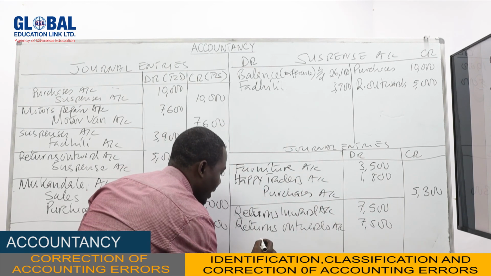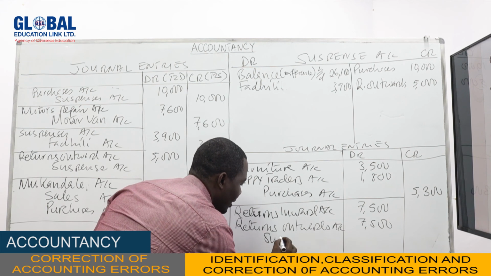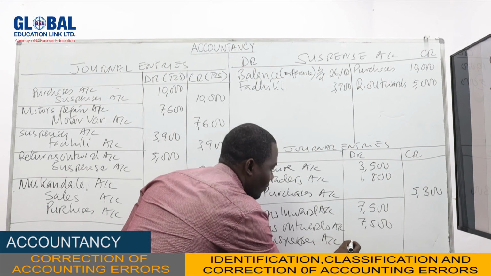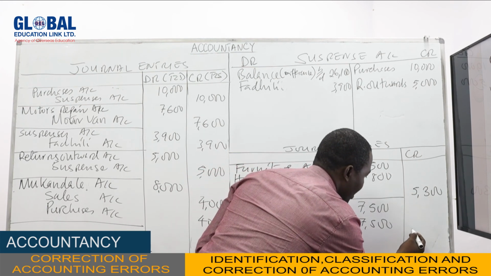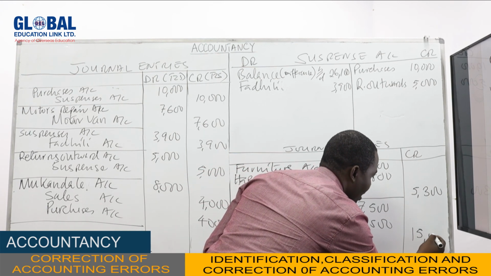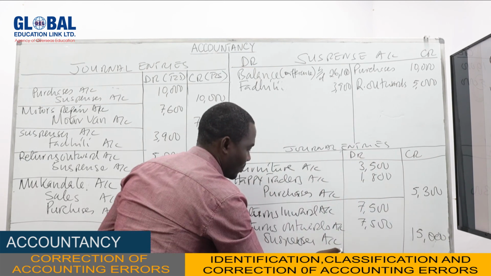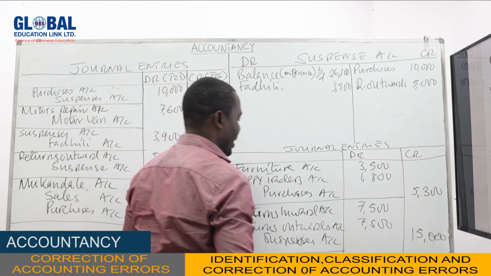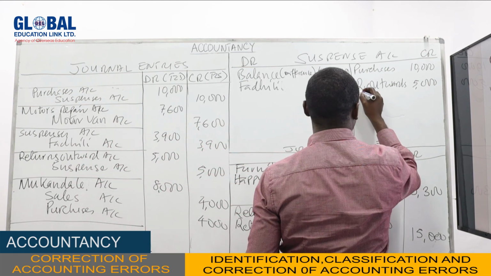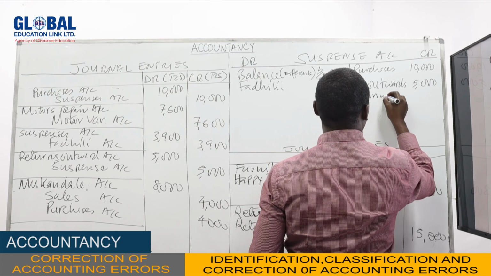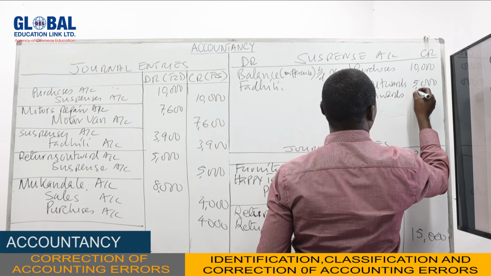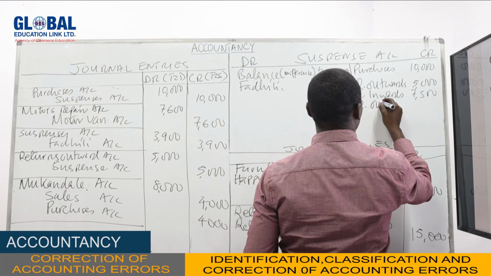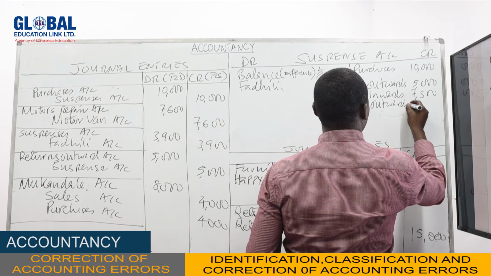The correction entry will be to suspense account. If you add up you get how much? 15,000. Then you give the narration. So you post it to the suspense account, that is return inwards 7,500, and then return outwards again 7,500.